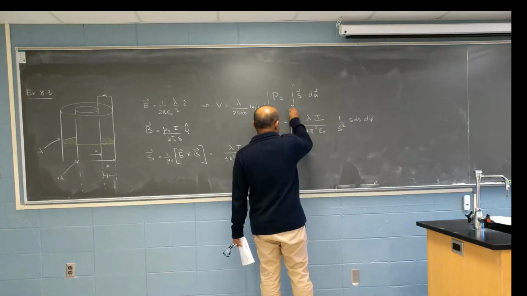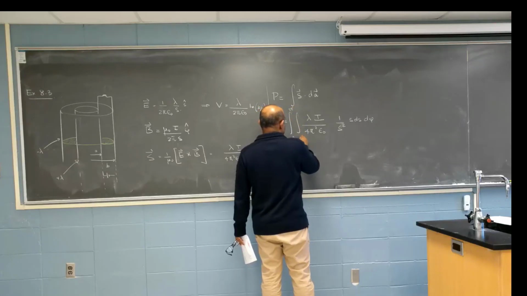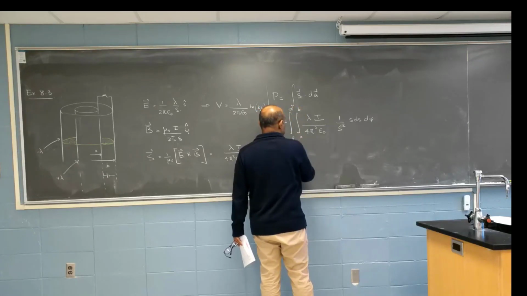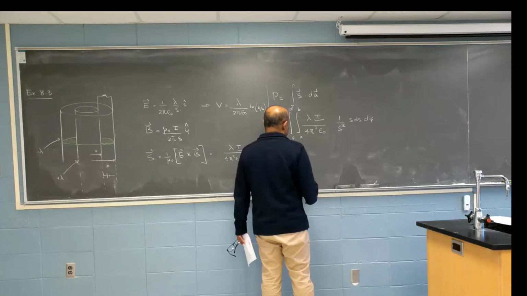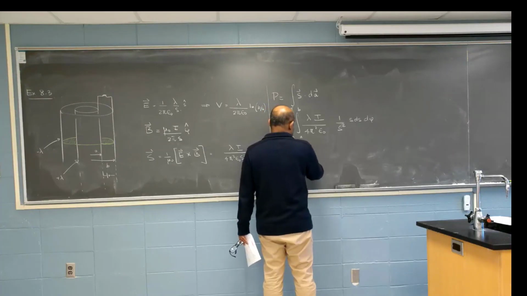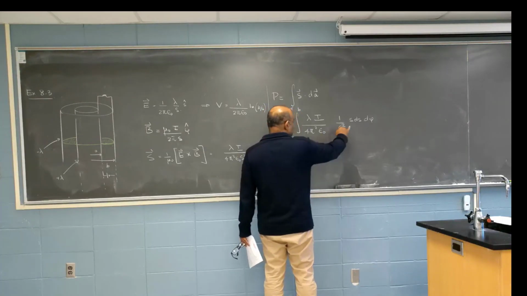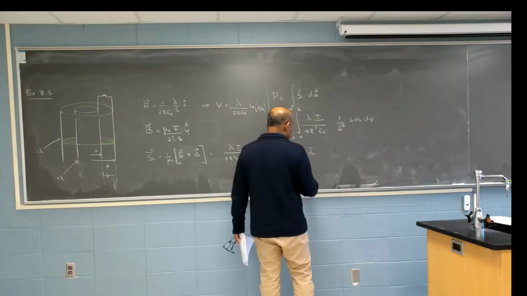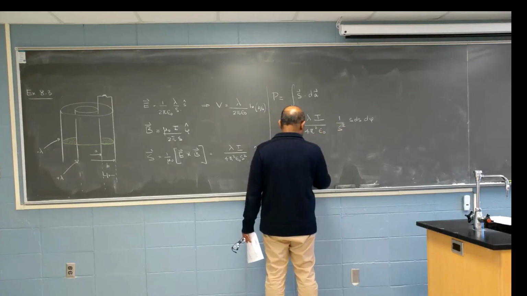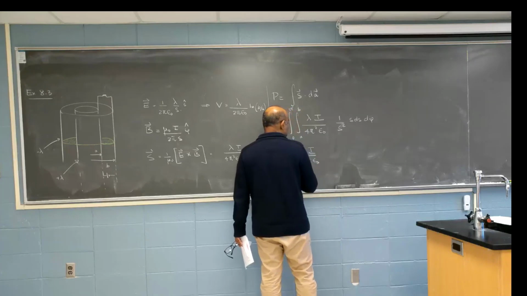D phi goes from 0 to 2 pi. This goes from A to B. And I get what? Lambda I, I have a 2 pi from d phi, so I get back to 2 pi epsilon naught.